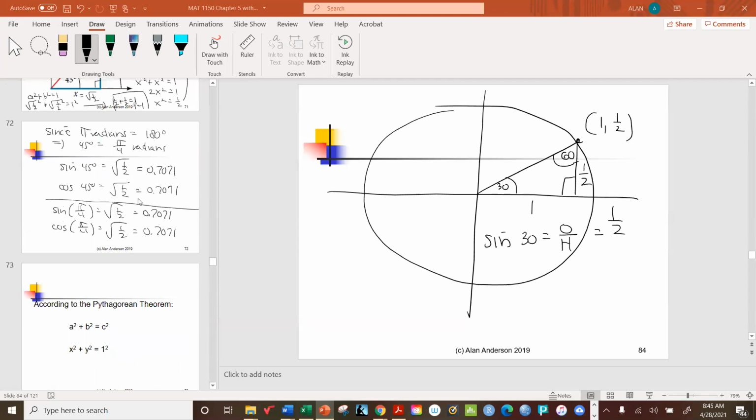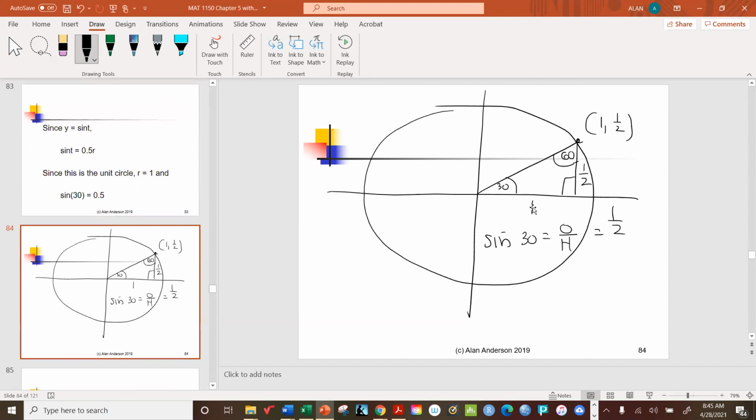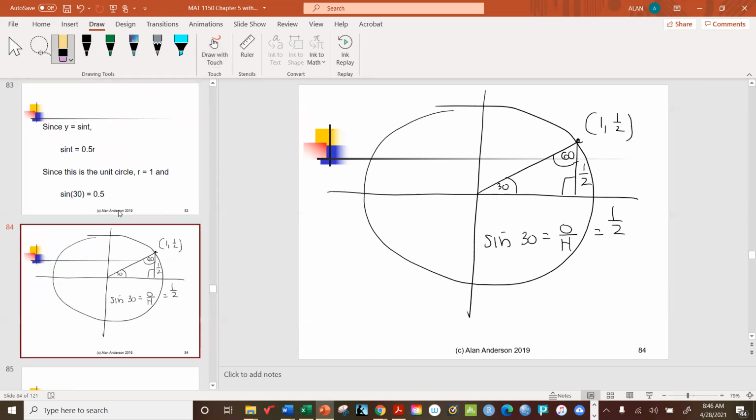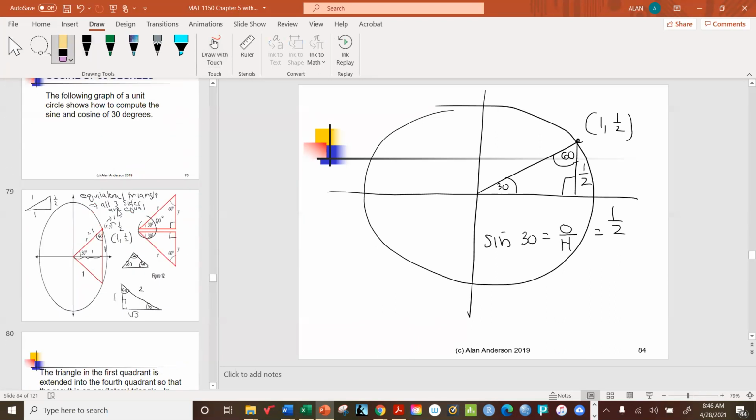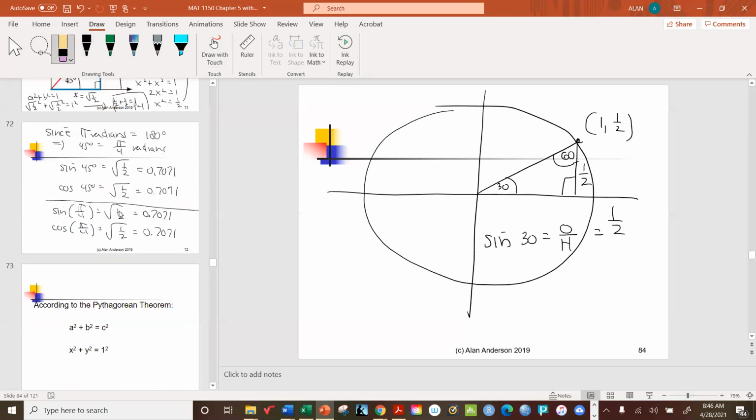Yeah, okay, I see what you mean. Sorry about that. This isn't one. I drew it wrong. Good catch. No, that's the whole point of this. We don't know what it is yet because it's not 45 degrees. That worked out very well for 45 degrees, but now we're dealing with different angles.